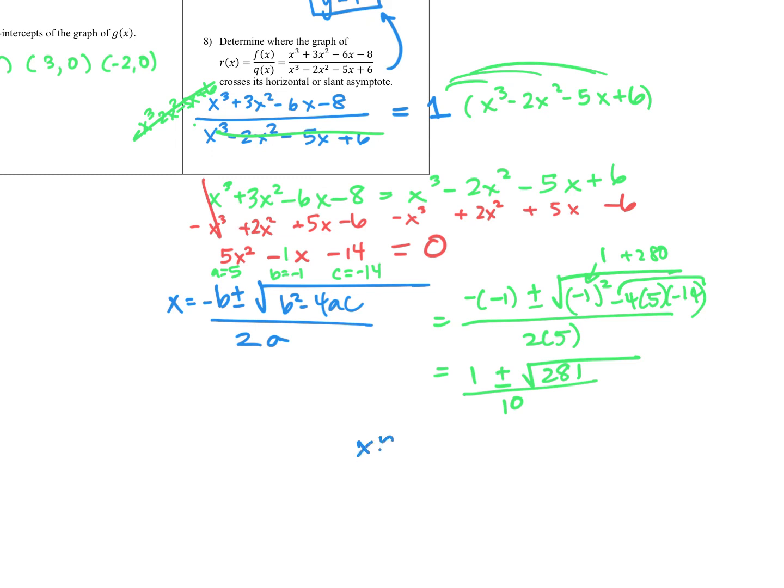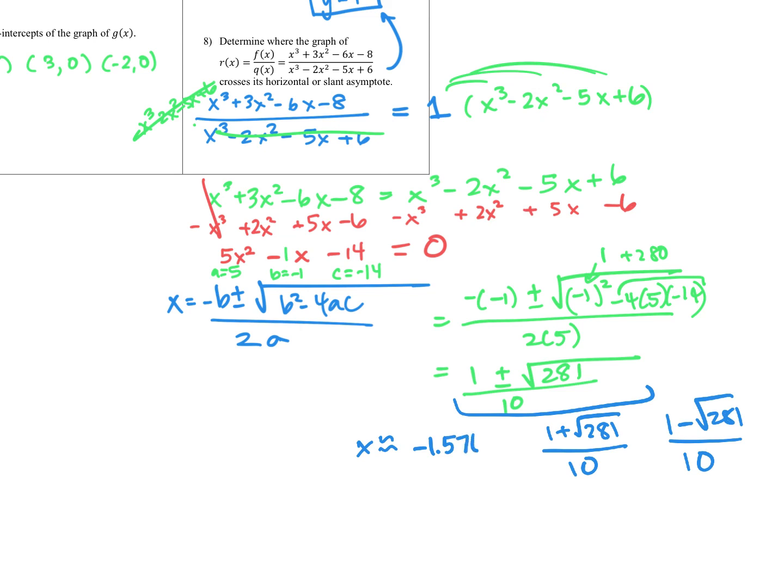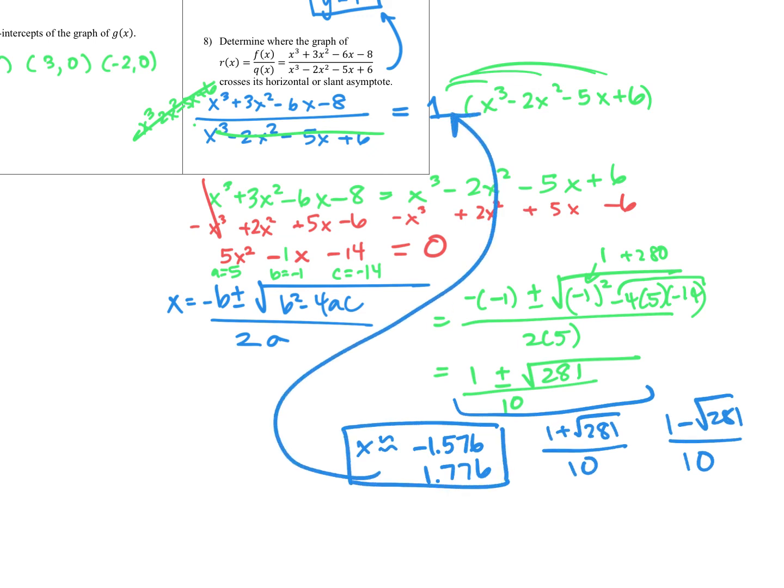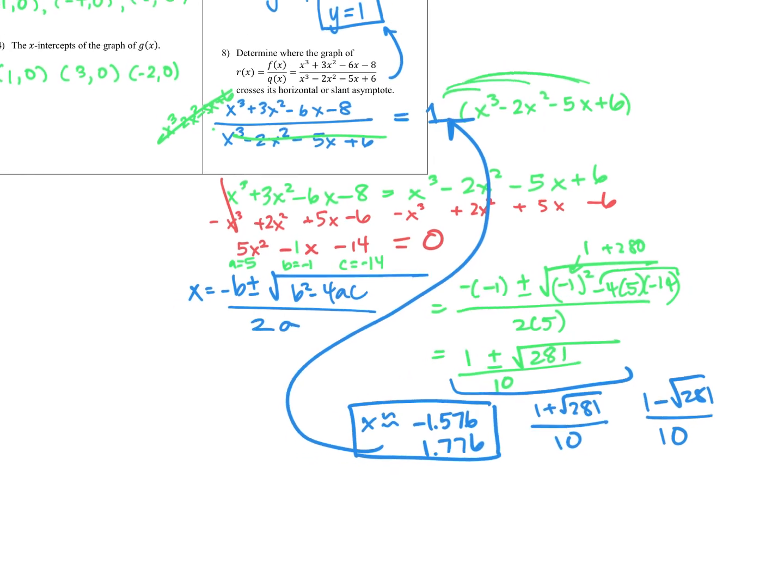We can rewrite this first: 1 plus the square root of 281, divided by 10, and 1 minus the square root of 281, divided by 10. So when you enter that in your calculator, you're going to get about -1.576 and 1.776. So these x values are where we actually cross that asymptote. So hope that was helpful.